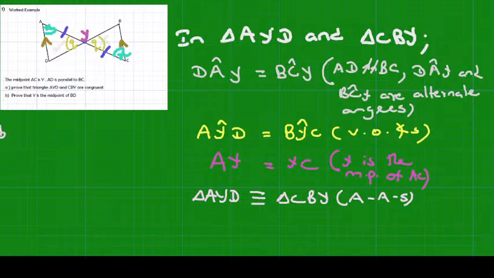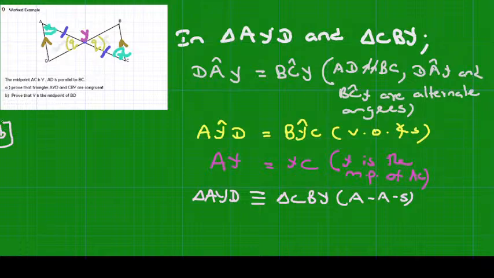Then comes question B. Prove that Y is the midpoint of BD. Right, we already know that Y is the midpoint of AC. Remember, just because Y is the midpoint of AC, it doesn't have to be the midpoint of BD. But then how are we going to prove that Y is the midpoint of BD too?